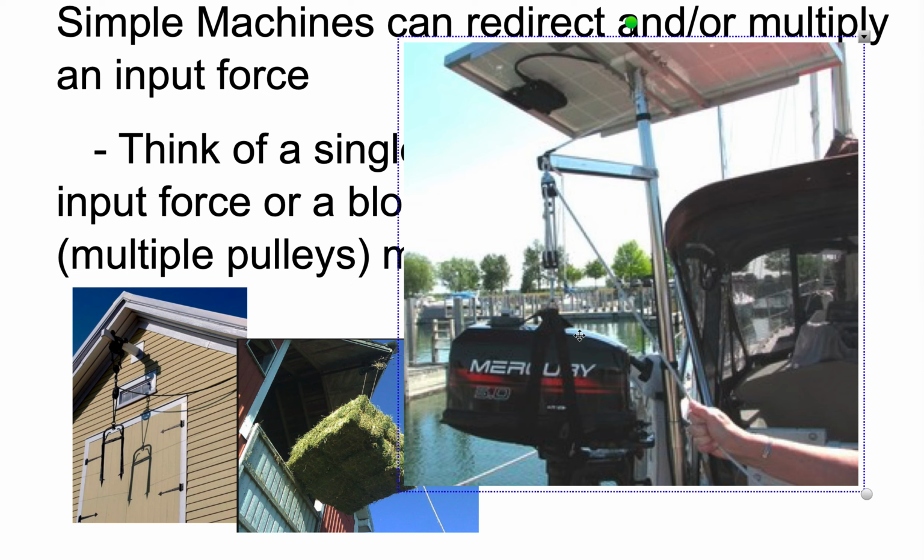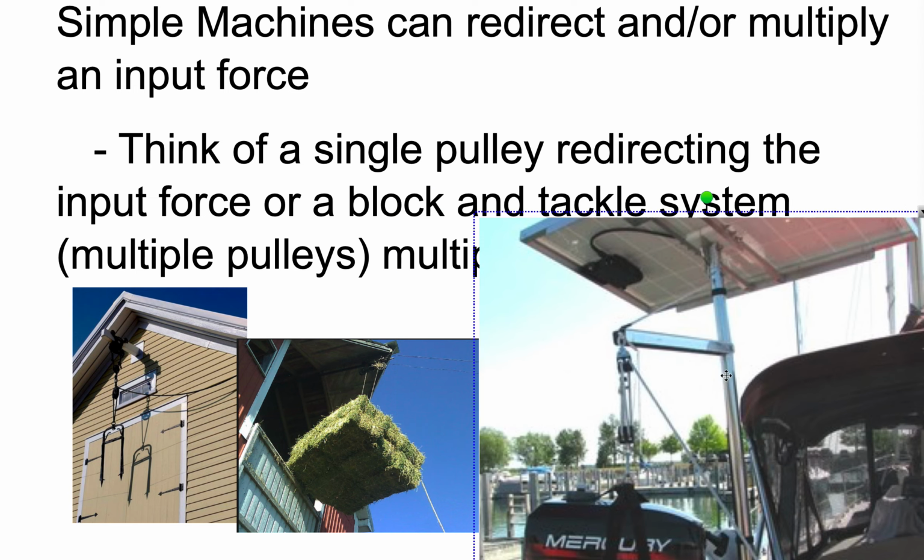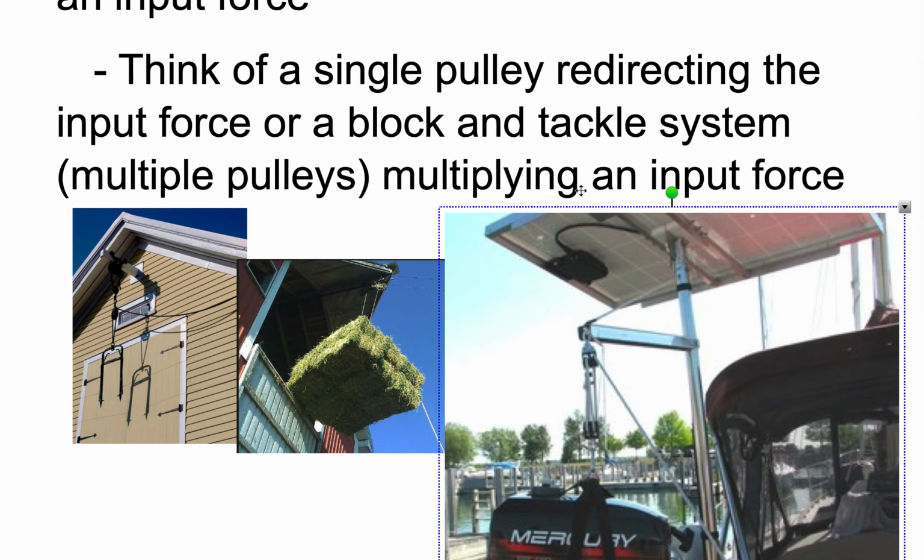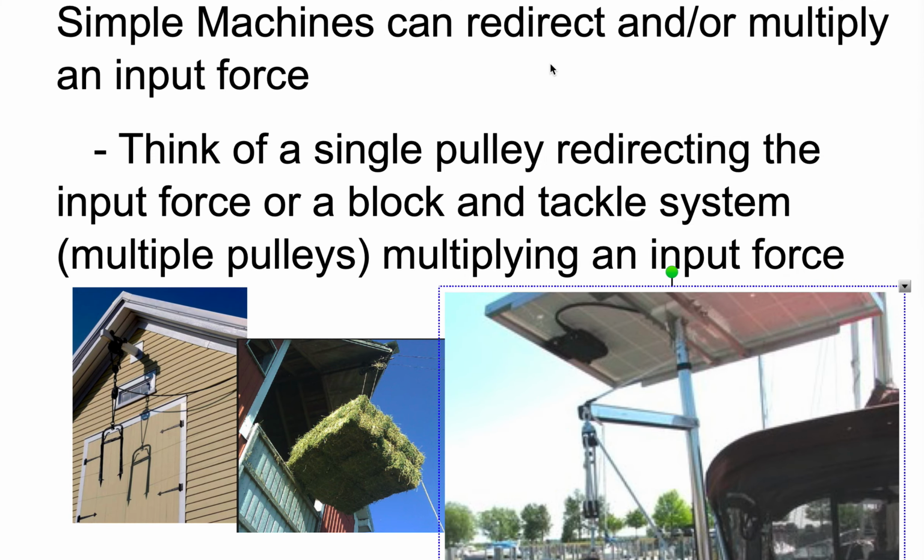What that does is it multiplies his force. The motor may weigh like 400 pounds, and he only has to pull with 100 pounds. So it multiplies the force. Those are the 2 things that simple machines do: either redirect or multiply an input force.